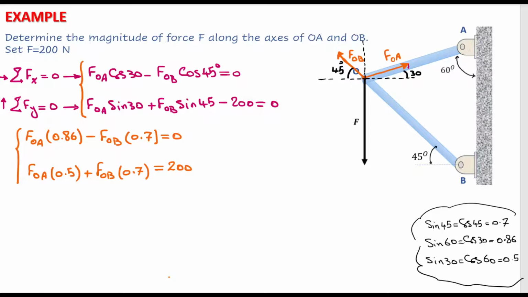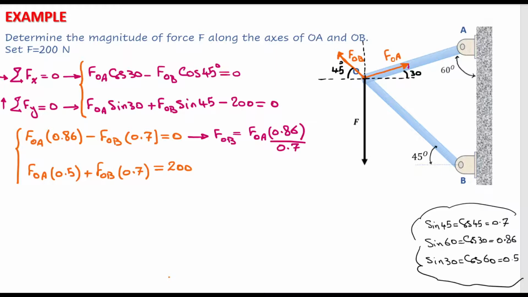From the first equation, I can find the value of FOB. If I isolate it for FOB, it is equivalent to FOA times 0.86 divided by 0.7.